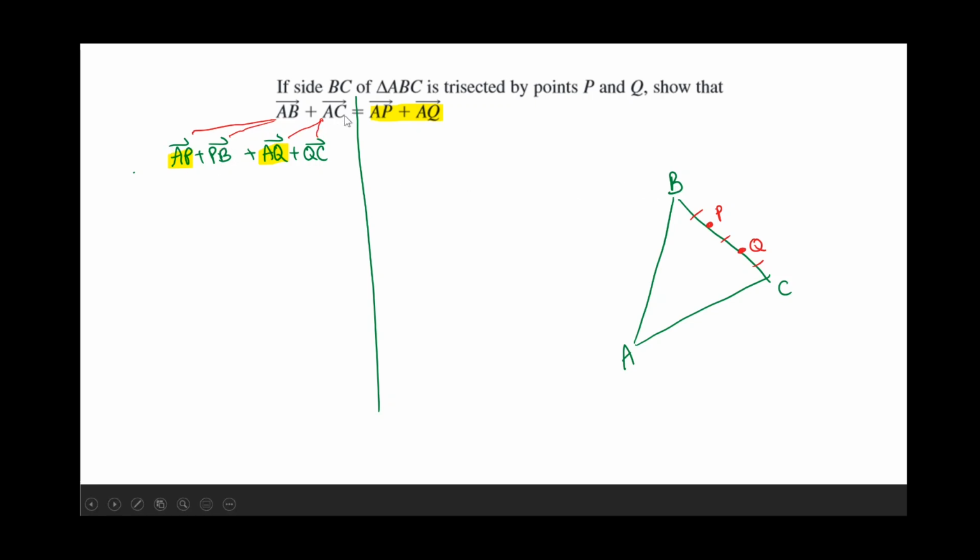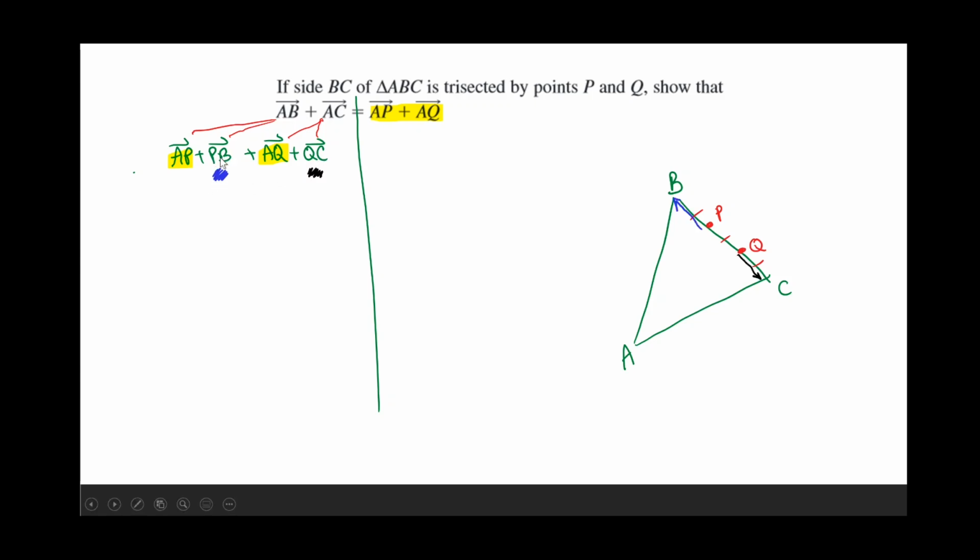AC, you could do the same thing, because on the other side there's also a Q. So let's use Q as a long route. Instead of going straight from A to C, you go through Q. So A to Q, and then Q to C is the same thing. Now we have AP and AQ like we want on the other side, but this part here and this part here doesn't match. So let's think, what else can we do?